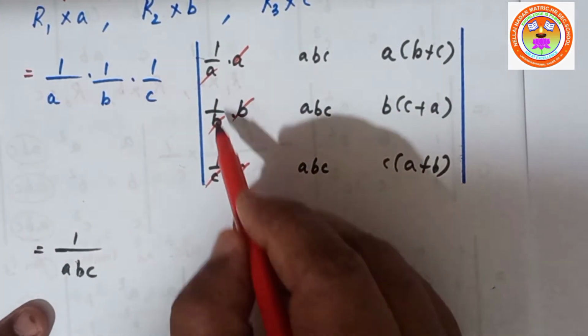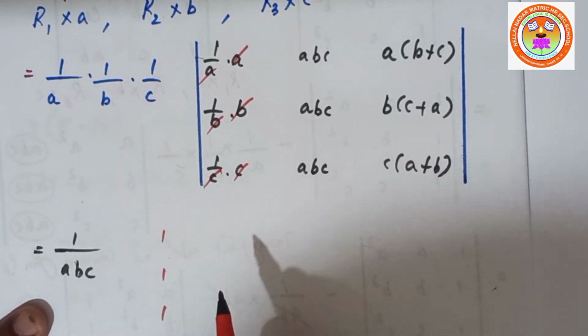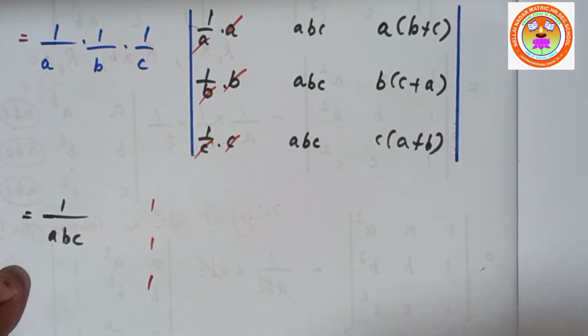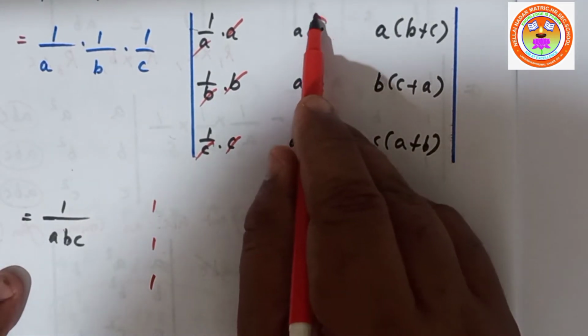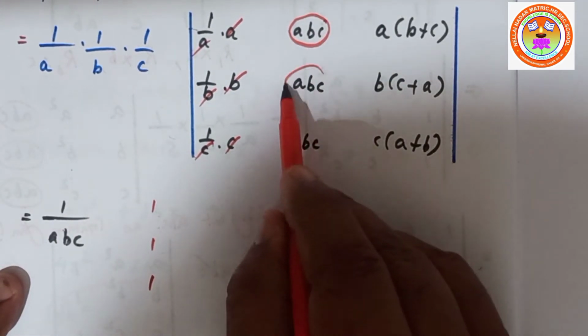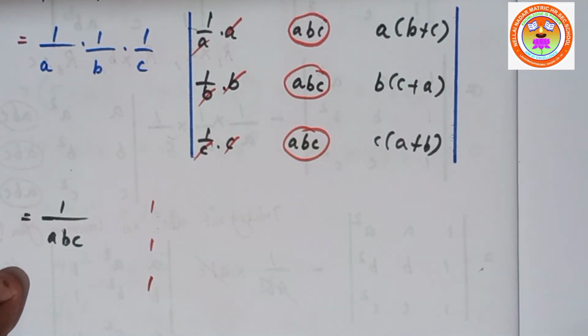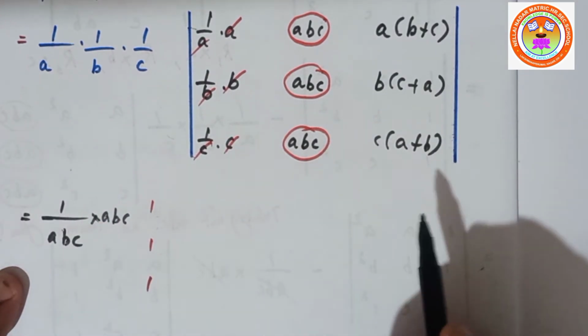So we will be getting 1 1 1 in the first column, and 1 1 1 in the first column. Here in the second column we will be getting ABC, ABC, ABC. So you can take ABC as common from the second column.